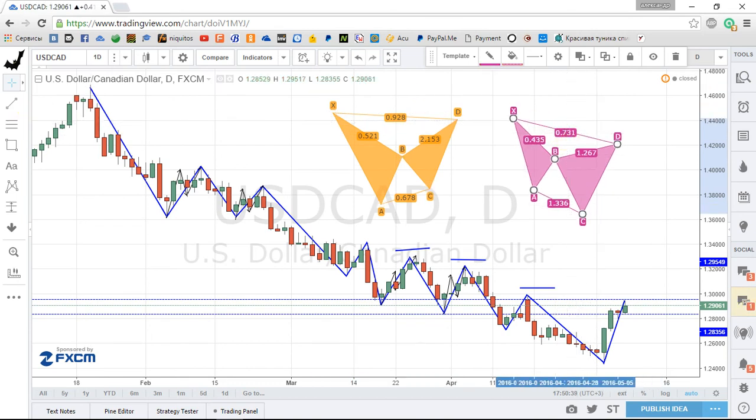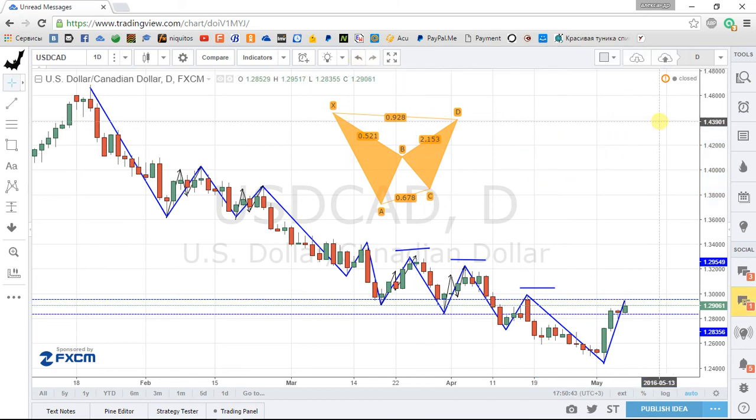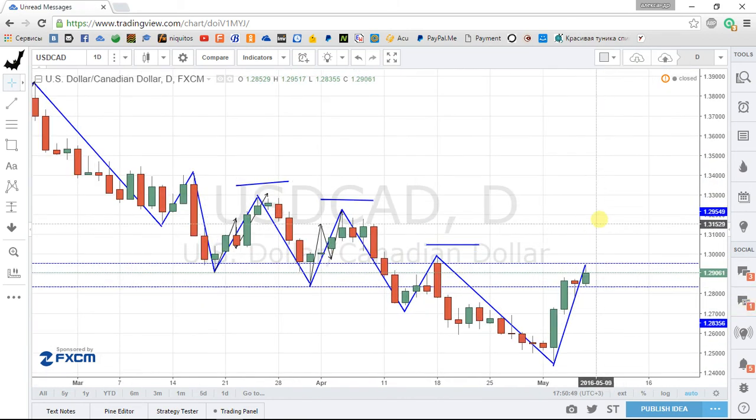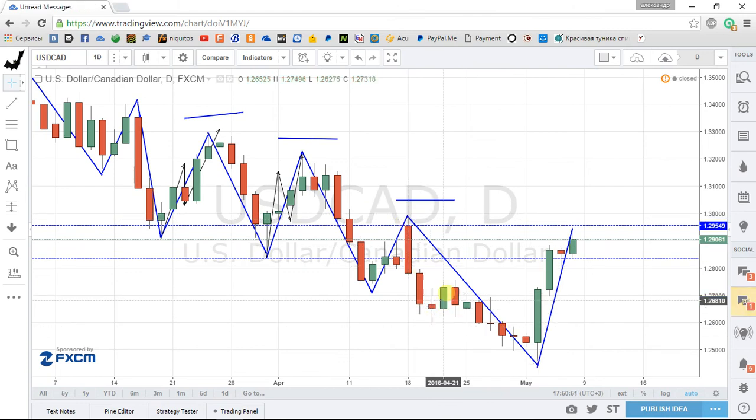Okay, so what I have today for you, this is my structural analysis. We know that we have it here. And although it is not a valid correction for me, I cannot ignore that because the movement is pretty prominent. And as you see, it is touching the previous support.